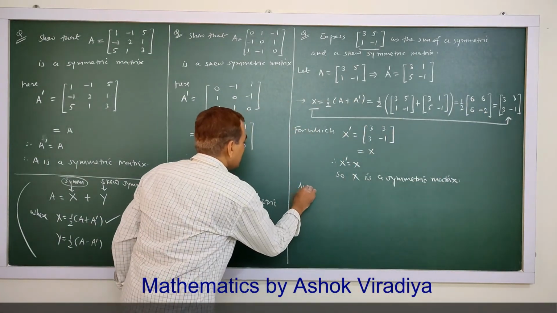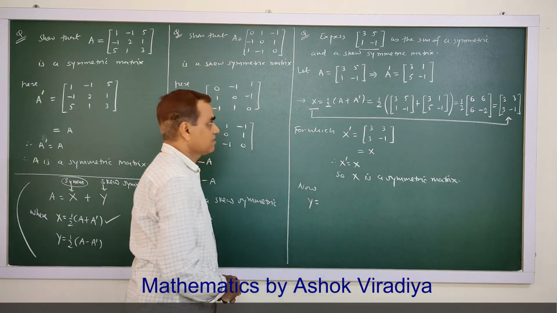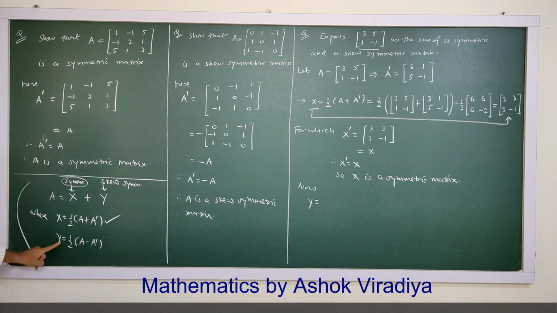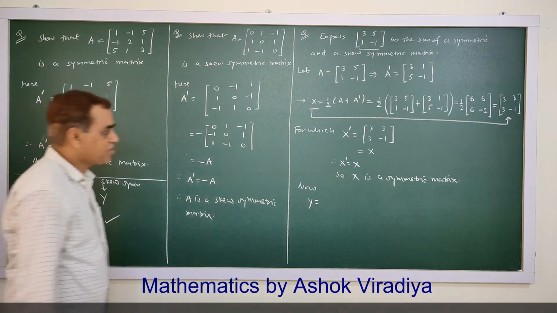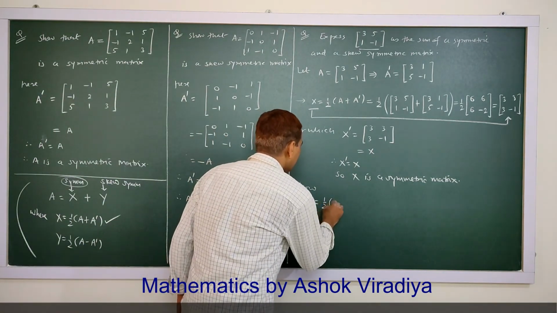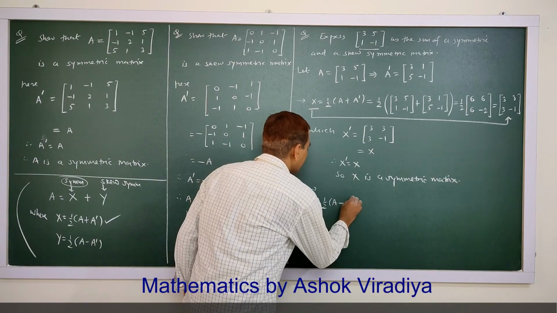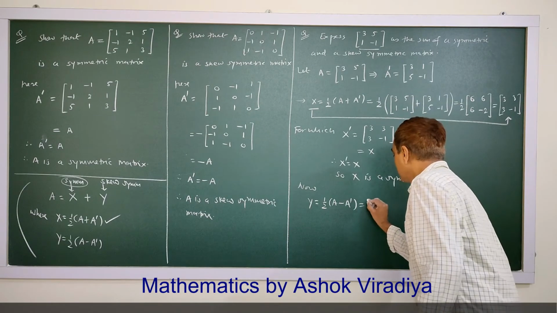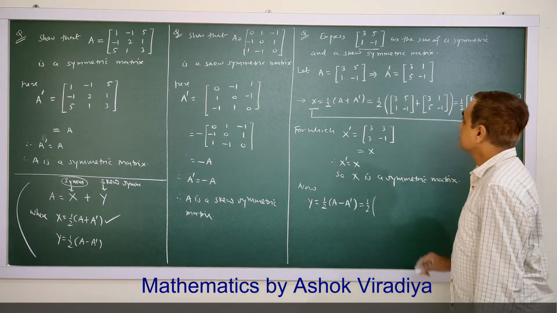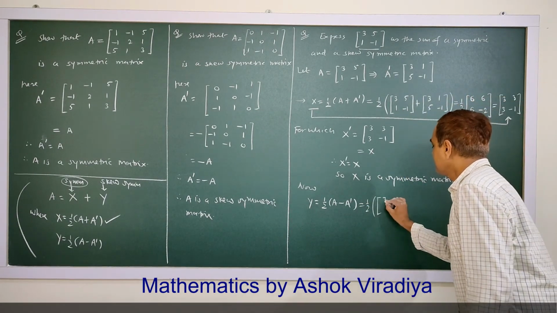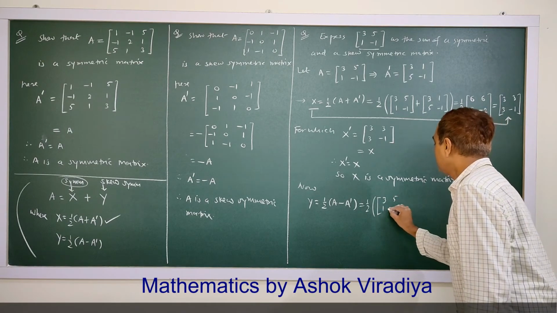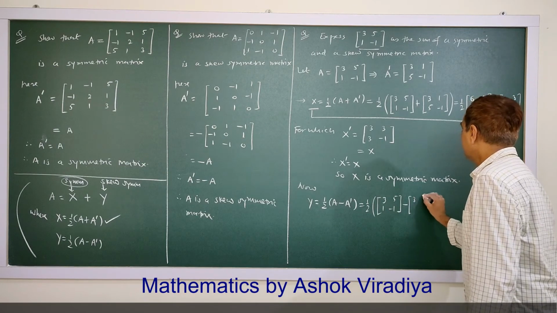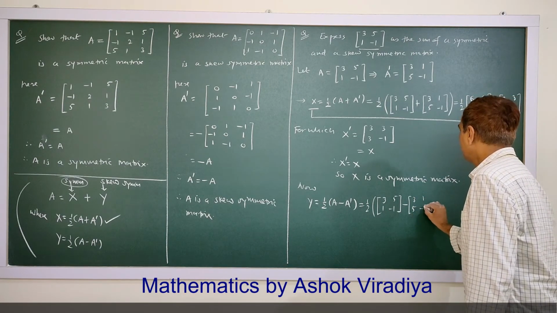Now we calculate Y. Y is equal to 1 by 2 times A minus A dash. That is 1 by 2 times A, which is [3, 5; 1, minus 1], minus A dash, which is [3, 1; 5, minus 1].